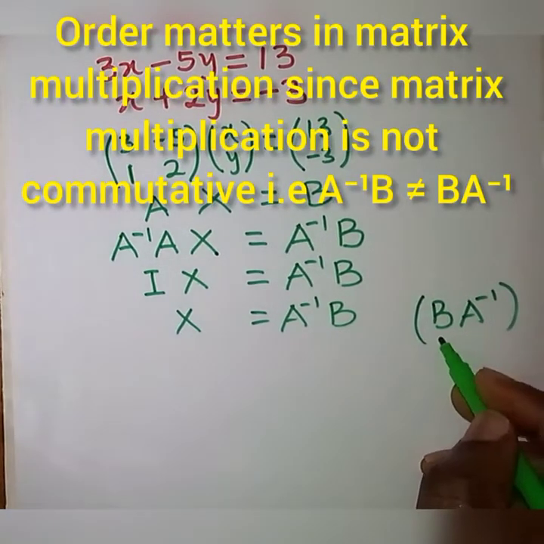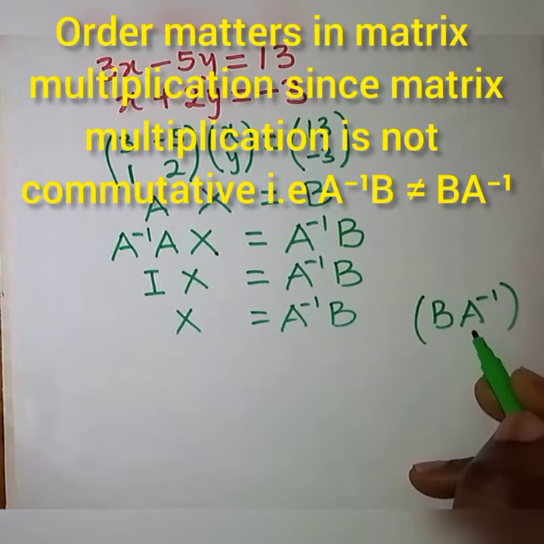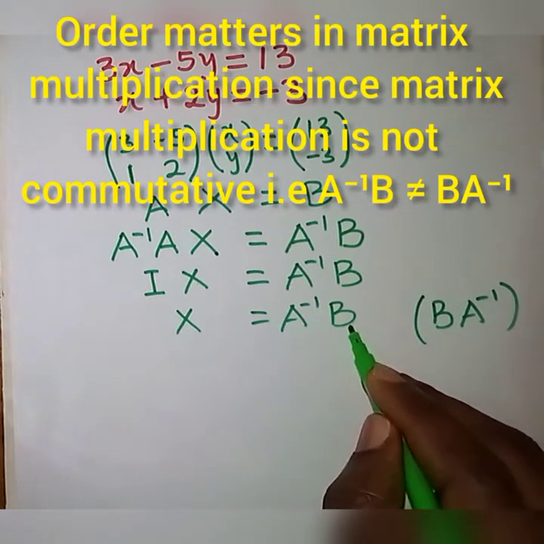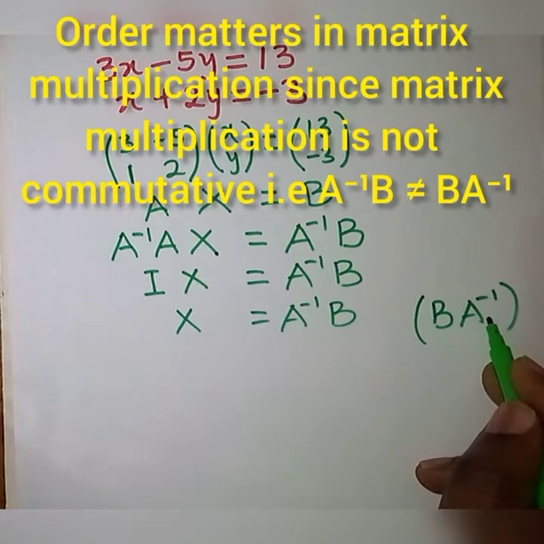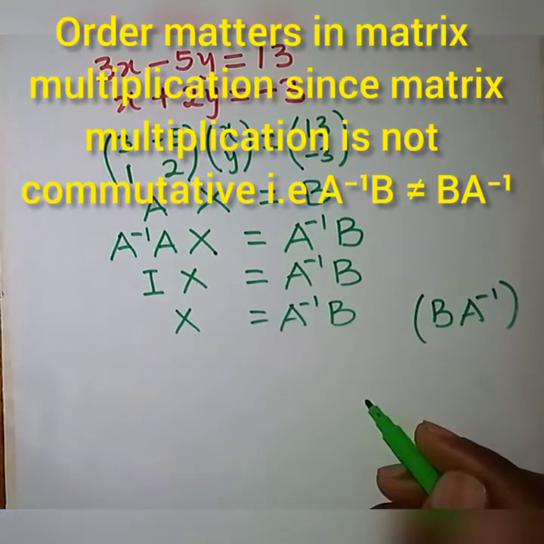Remember that in matrix multiplication, the order matters. So it is A inverse times B, not B times A inverse.